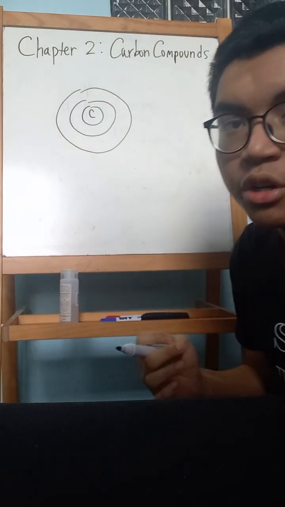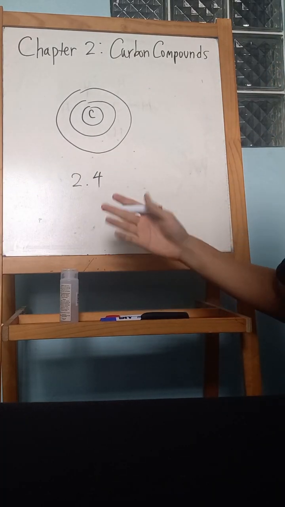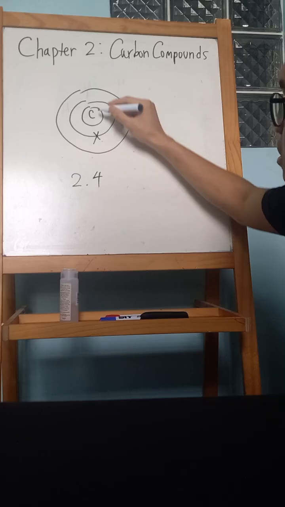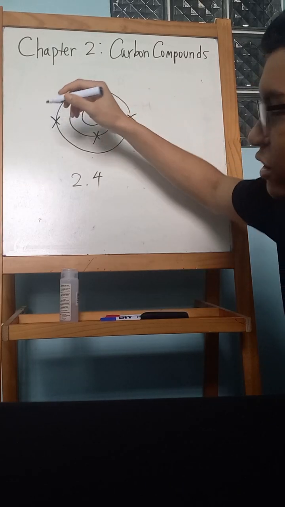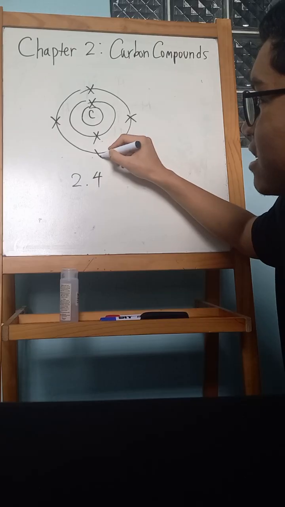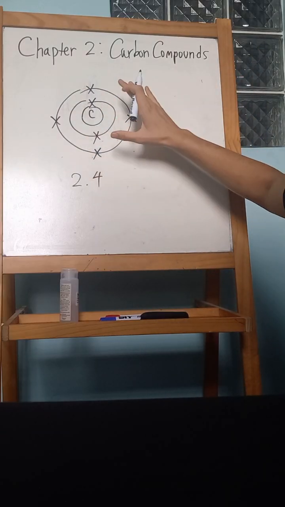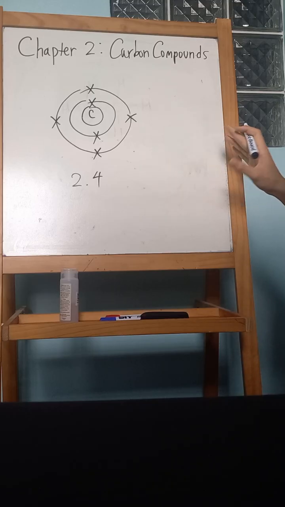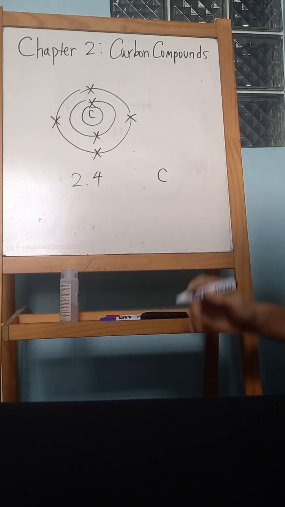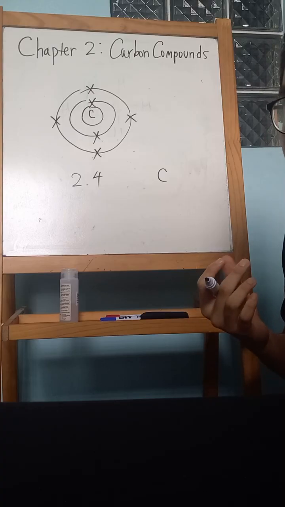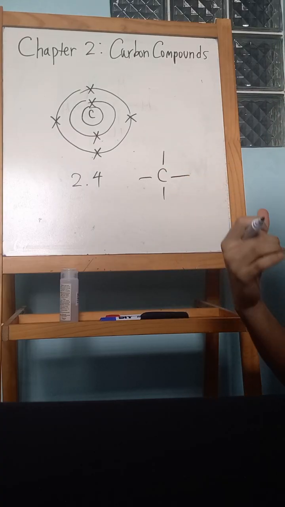The electron arrangement for carbon is 2, 4, which means it has exactly 4 valence electrons on the outermost shell. This basically means that the maximum bonds a carbon can have is 4, as you can see here.